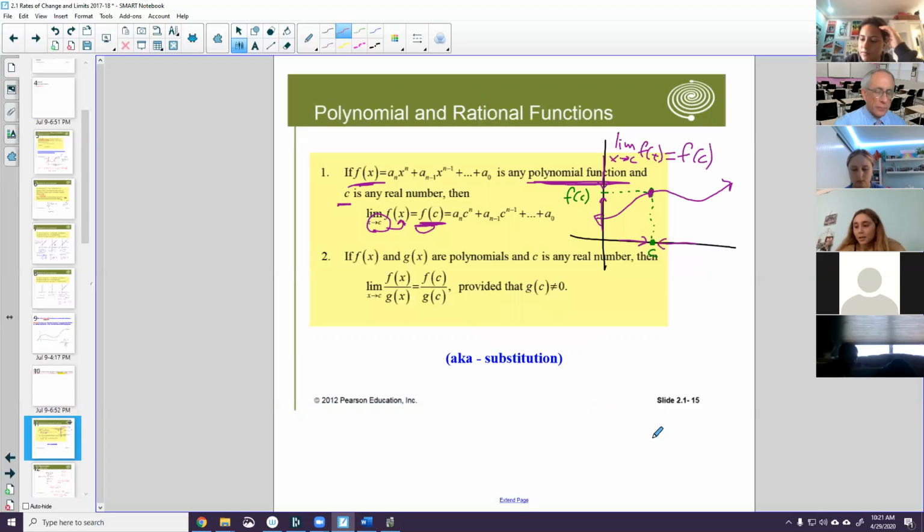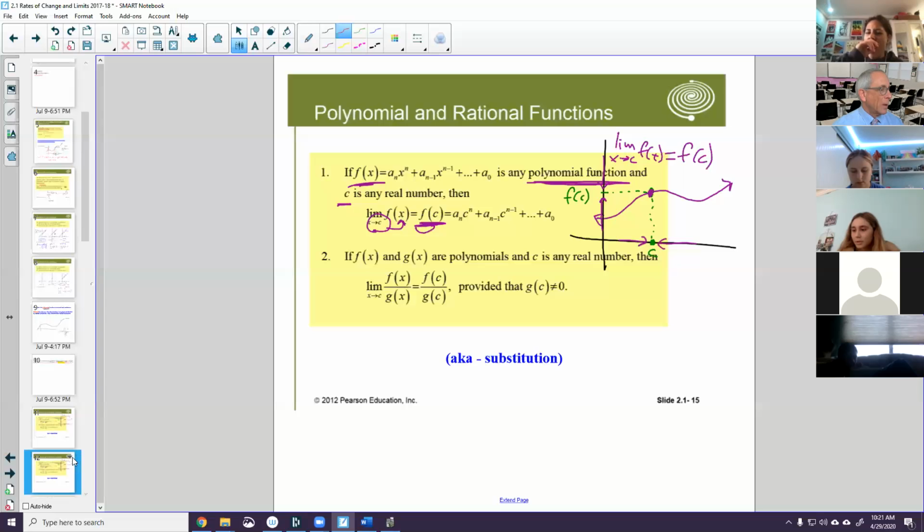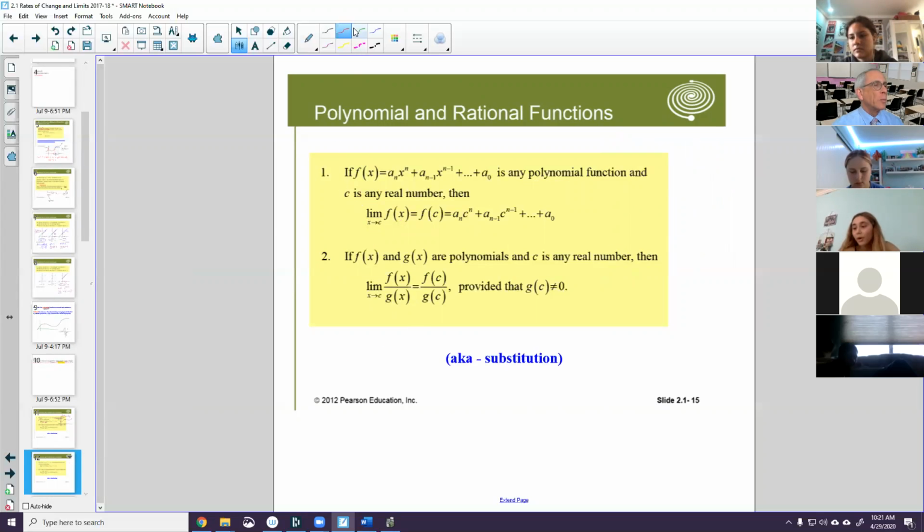Let's go back up here and look at the second part of this. Let's actually clone this page too, and get rid of the ink from this page. So we did section 1 right there. Now let's talk about section 2. If f of x and g of x are polynomials and c is any real number, and I have f of x divided by g of x, I have a rational function, and that is likely to have a vertical asymptote or a hole.